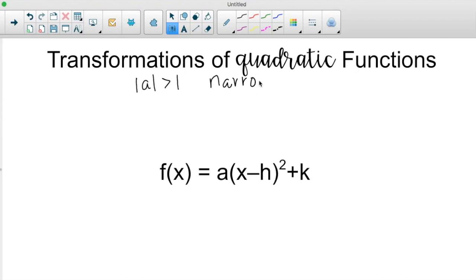And when I say narrow, I mean it's going to look skinnier than the parent function. Let's say the absolute value of a is between 0 and 1, which means it could be a fraction. Then that means that your graph widens, and that means that it's going to look wider than your parent function.